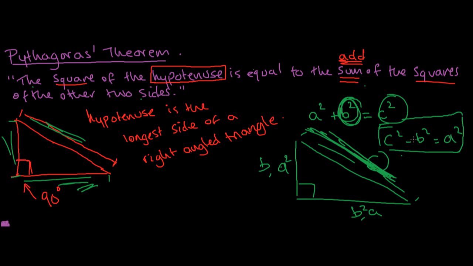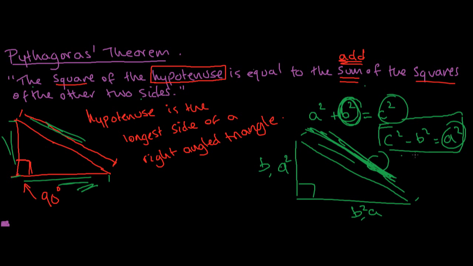So, to remember, the square of the hypotenuse is equal to the sum of the squares of the other two sides. Basically it means if you square two of your known sides, and then if you're trying to find the hypotenuse, add them together, then you have to square root it. You've got to remember to square root your end result, because you're after c if you're finding the hypotenuse, not c squared.